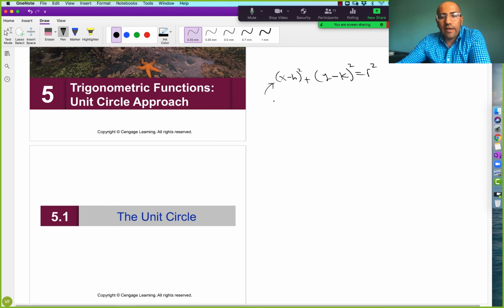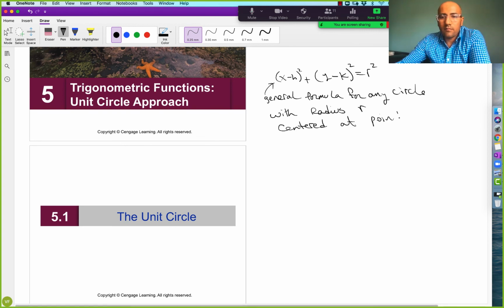This is the general formula for any circle with radius r centered at point h comma k.